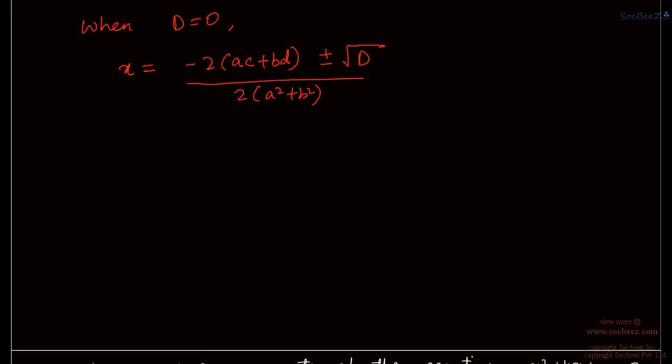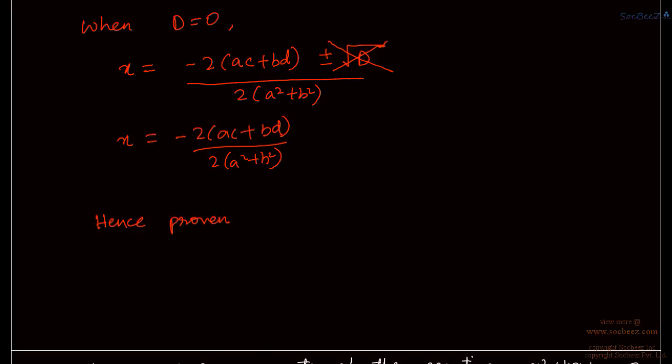But we have D equal to 0, so we get the root also. This is not asked in the question, but anyway, since the discriminant becomes 0, we directly obtain that the roots must be equal. Hence we have proven that the roots are equal.